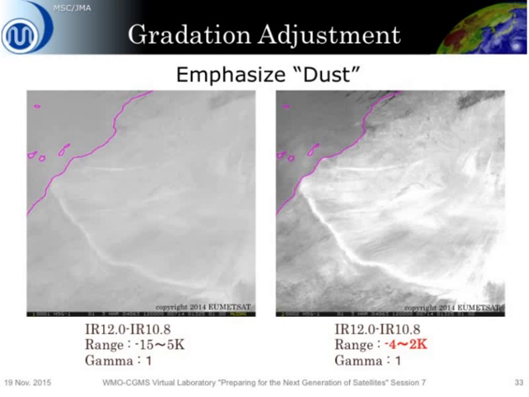It is known that you can detect dust, for example, sandstorm, yellow sand, or volcanic ash, from the brightness temperature difference between 12 micrometer and 10.8 micrometer infrared bands. Comparing the two images, you can find that dust areas are emphasized by changing the gradation range of the brightness temperature difference imagery.